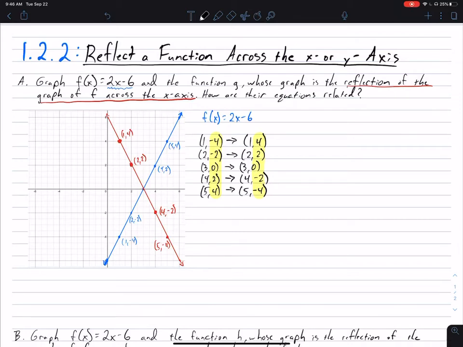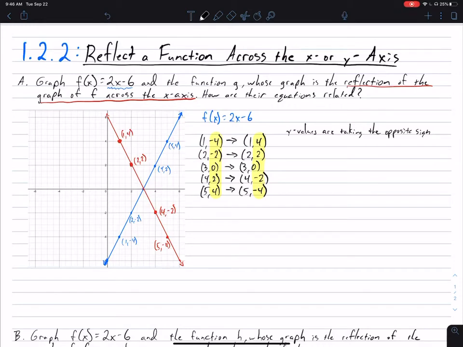So what's going on here is that my y values are taking the opposite sign. Again, positives become negatives, negatives become positives. And that's because we're flipping over the x-axis.